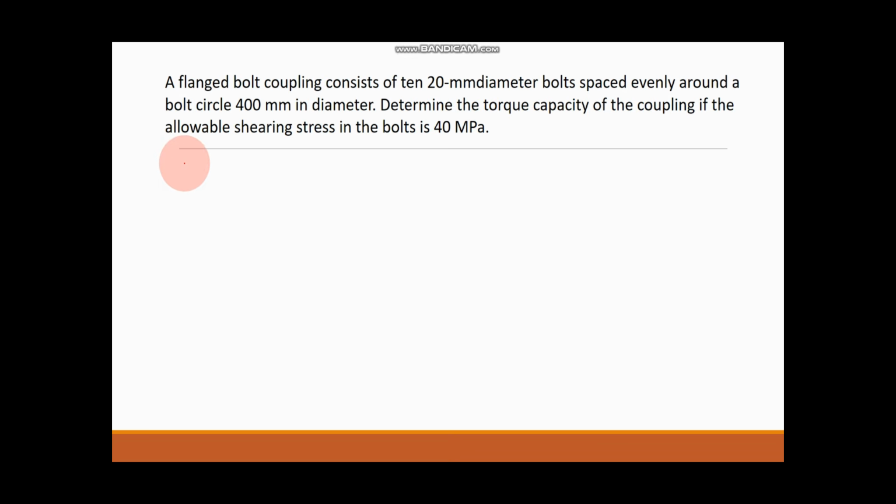So if I will try to draw the scenario, we have a flanged bolt coupling, and it is being fastened by 10 pieces of 20 millimeter diameter bolts that are spaced evenly.